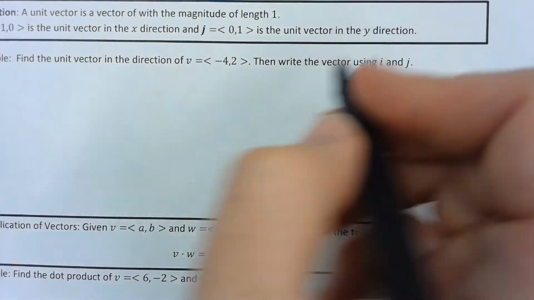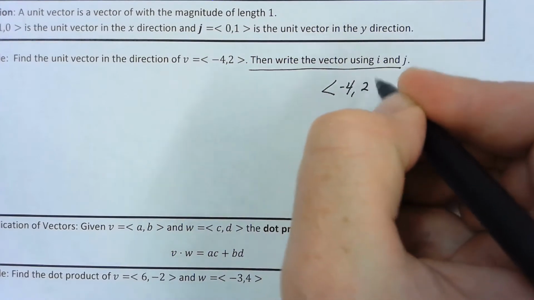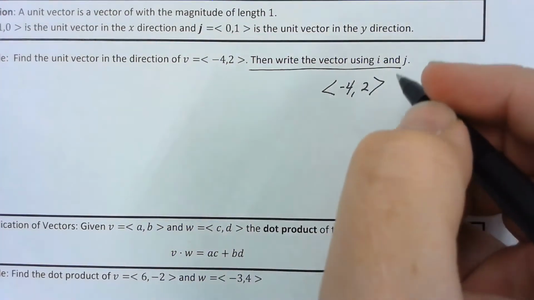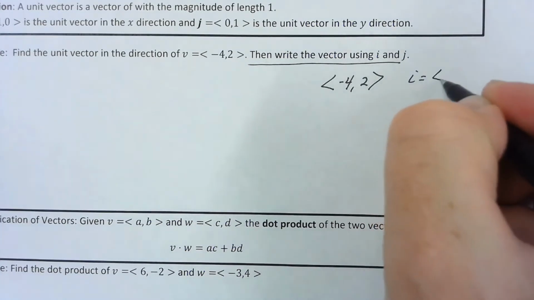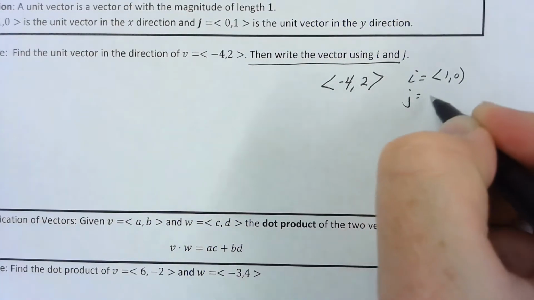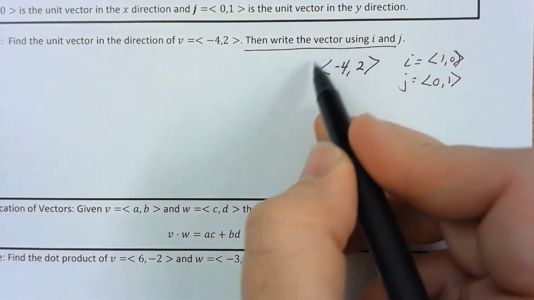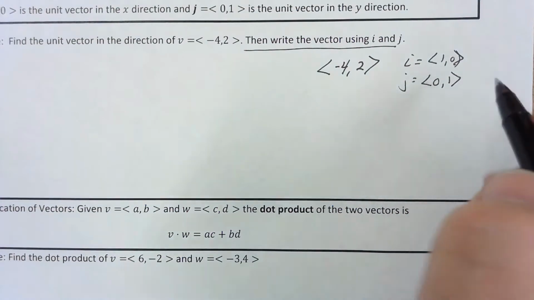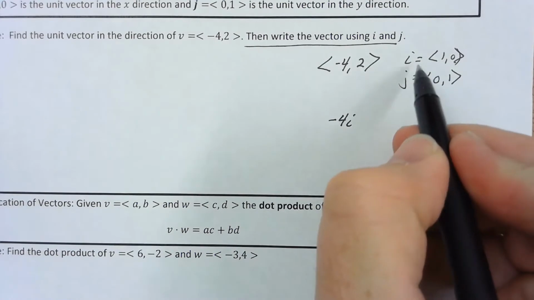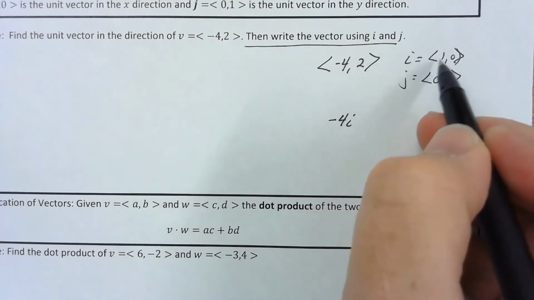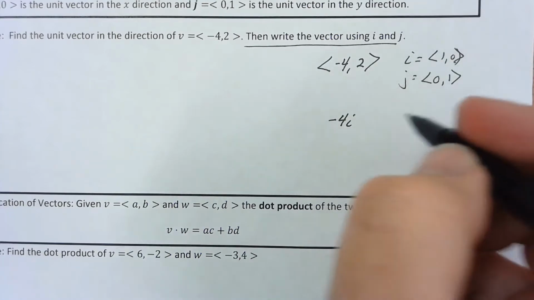So to clarify this, I'm going to go ahead and do this part first, where it says let's write this vector right here in terms of i's and j's. Well, if i is specifically the vector 1 comma 0 and j is specifically the vector 0 comma 1, then if I want to write this vector as simply i's and j's, it's the same thing as saying I have -4 of the i vectors, because if I multiply i times -4, that becomes -4 times the 1 here and -4 times 0, which doesn't change.